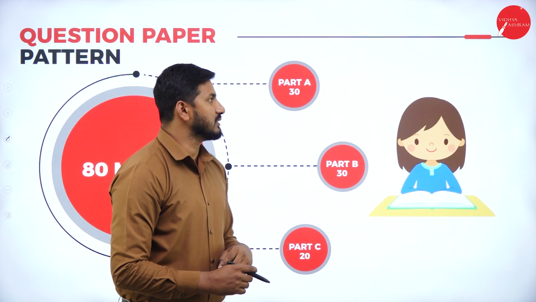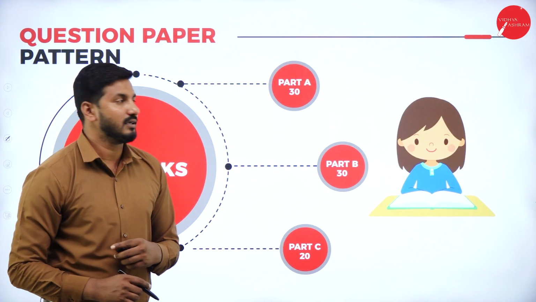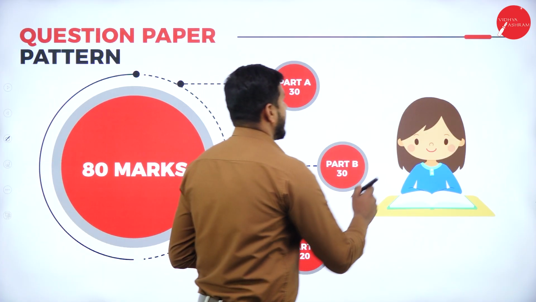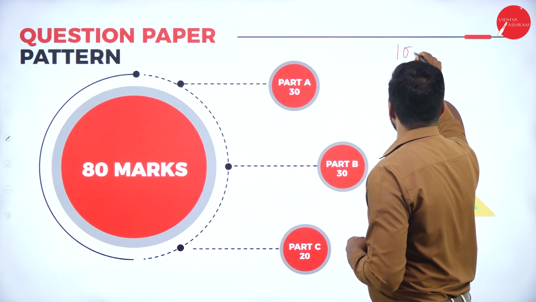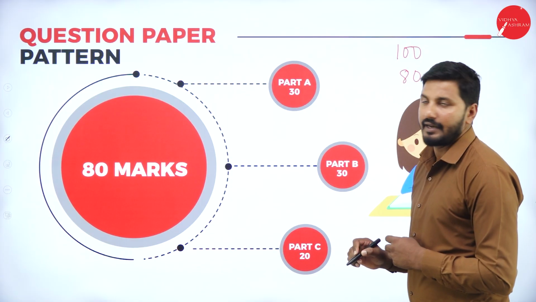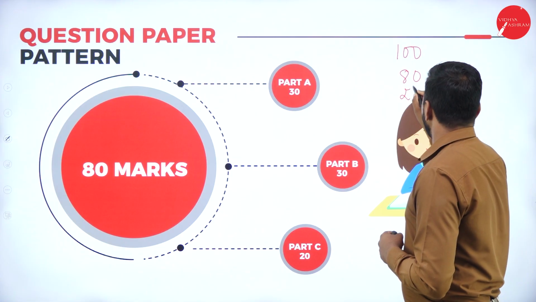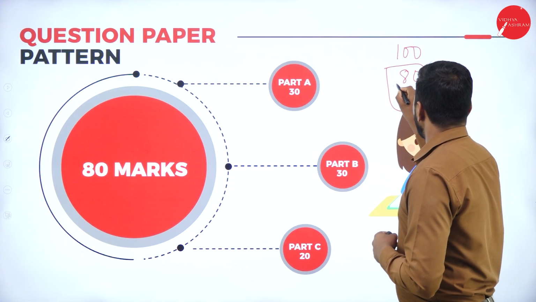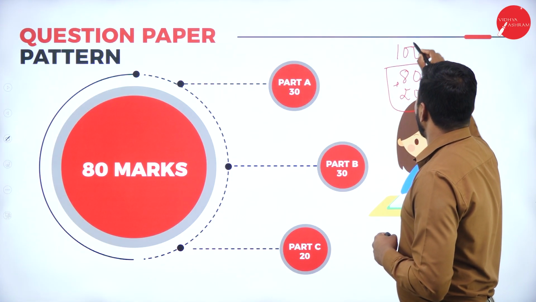So then move on to the main examination pattern. Here it will be a total of 100 marks. In that, 80 marks is the main written examination and 20 will be from internals. By adding these two, you will get 100 marks.